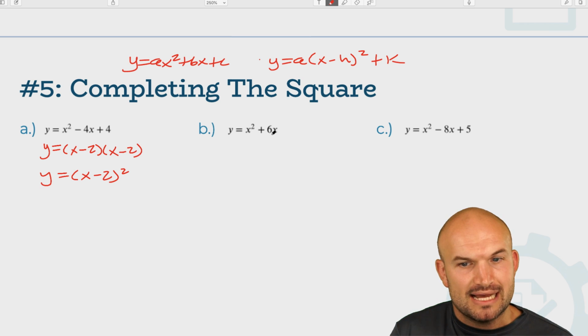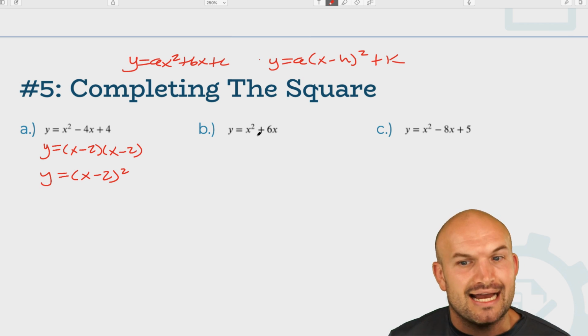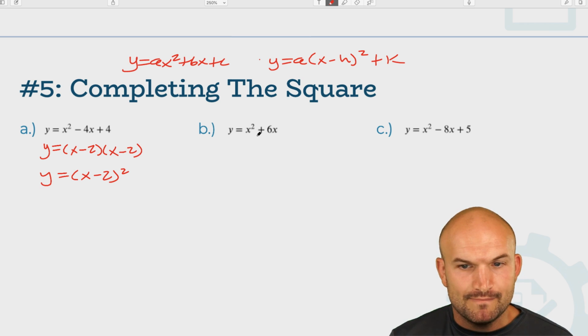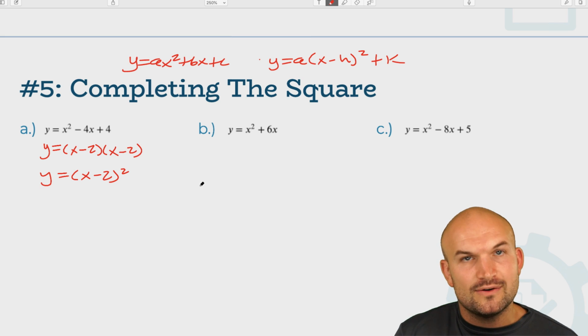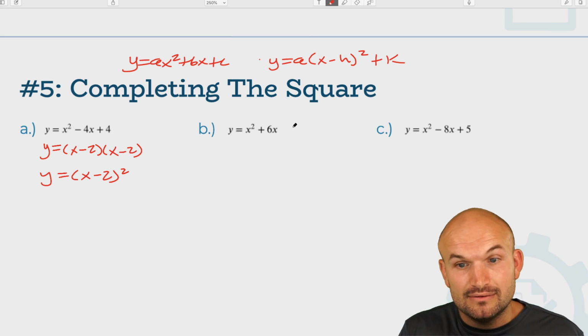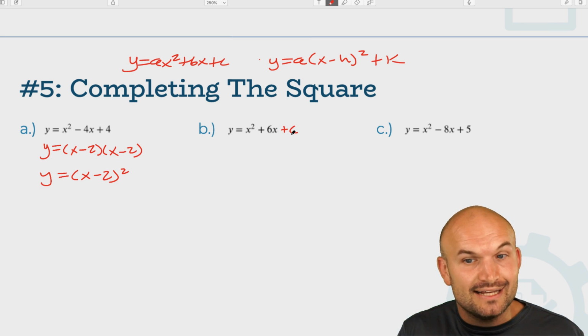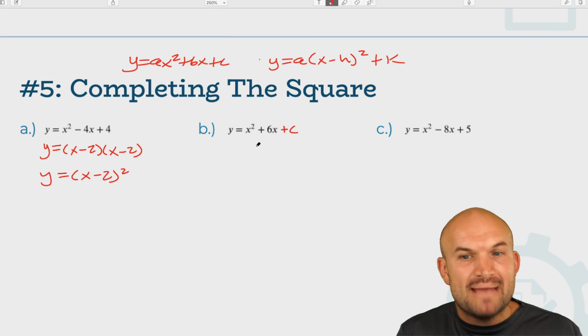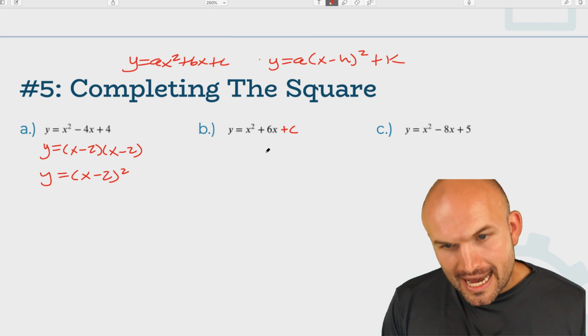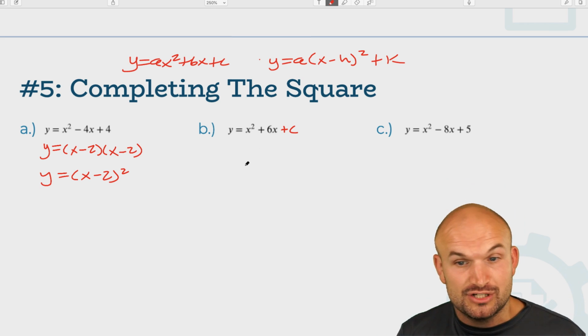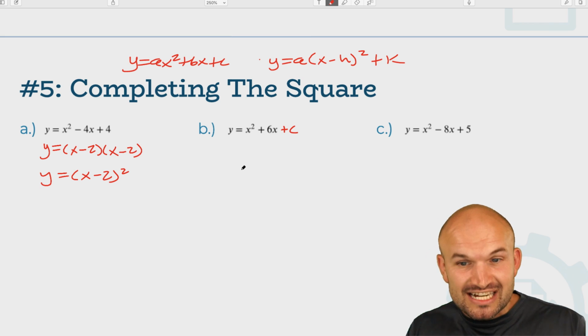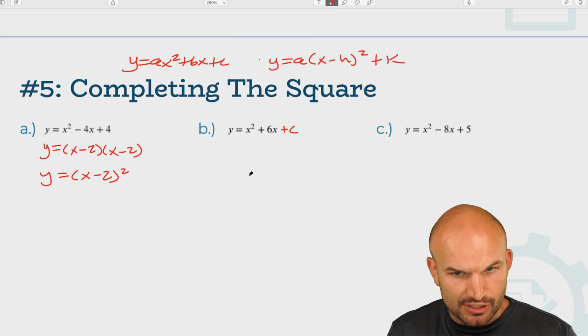Now we look at the next example, and we recognize this next example is not a perfect square trinomial, right? So what we want to do is what we call find the value c. So what number could we add to this equation that would make it a perfect square trinomial? Now, if you're really good with your factoring, which is the point that I want my students to get to eventually, you can do this in your head.